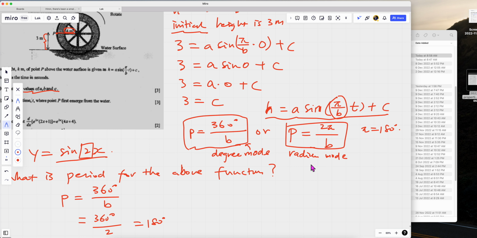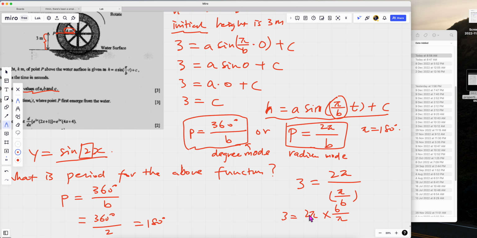So therefore you just put it in. The period is 3, right? 3 revolutions per minute. So then just 2 pi over this entire thing, which is pi over b. Then 2 pi divided means you flip the below.